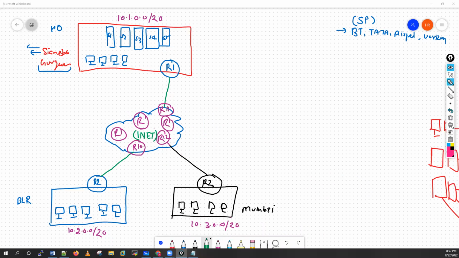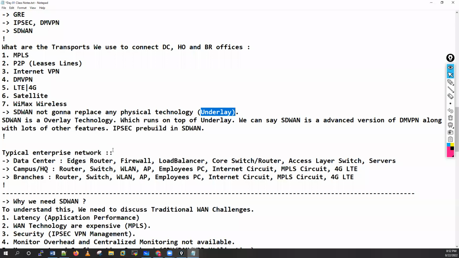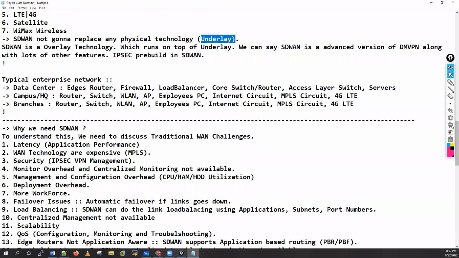Now, guys, let me explain the typical design of a network, starting with the devices we generally see in a data center. We have edge routers, firewalls, load balancers, core switches or core routers, access layer switches, and servers.